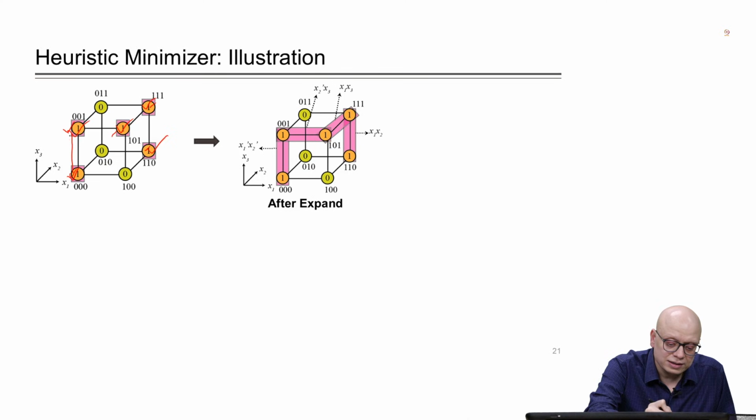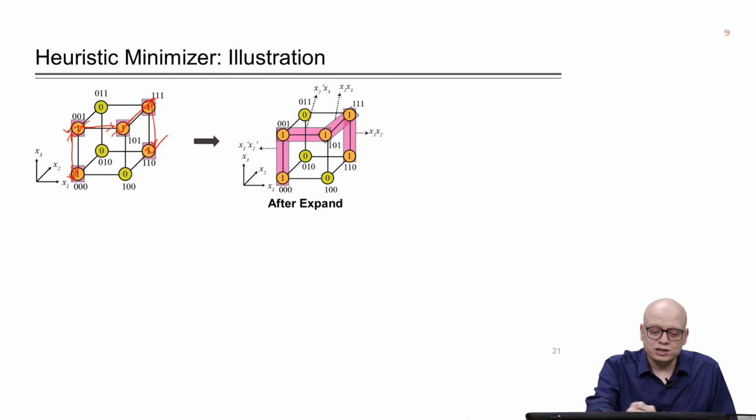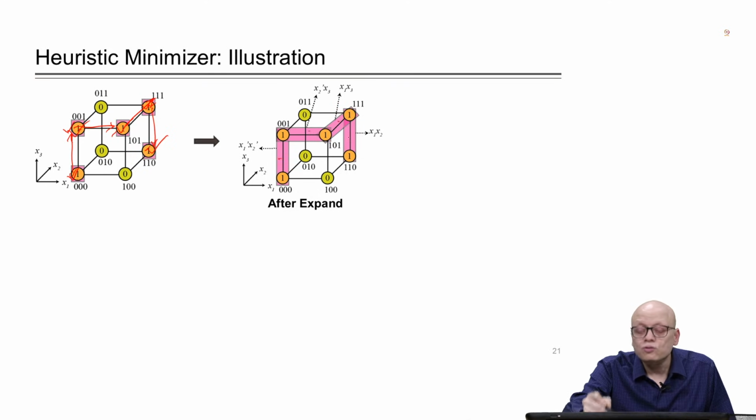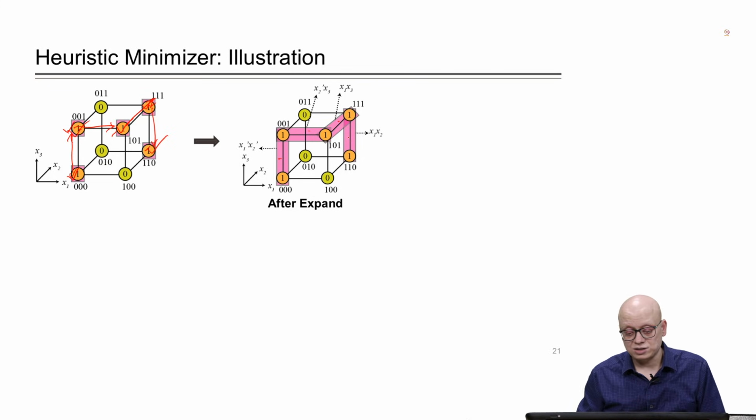So, this expanded to this, this expanded to this. After the expand operation and removing the implicants which get covered by expansion, we get a cover in which, instead of the earlier 5 implicants, we now have 4 implicants, right. So from 5 we move to 4 after expansion.